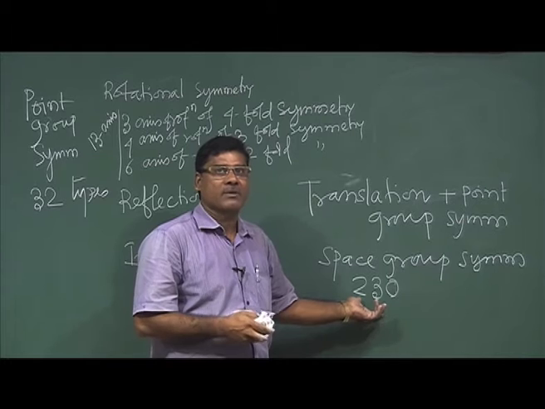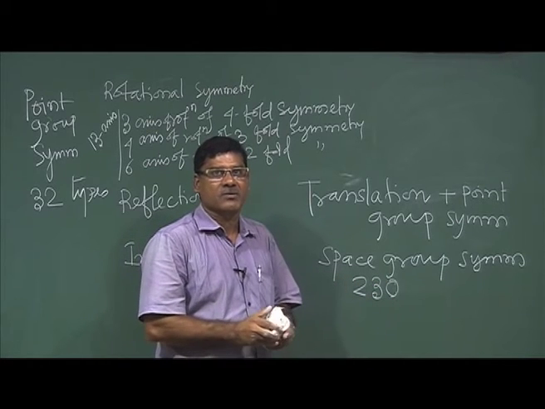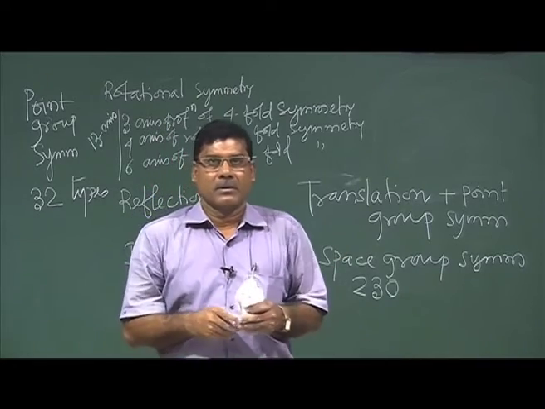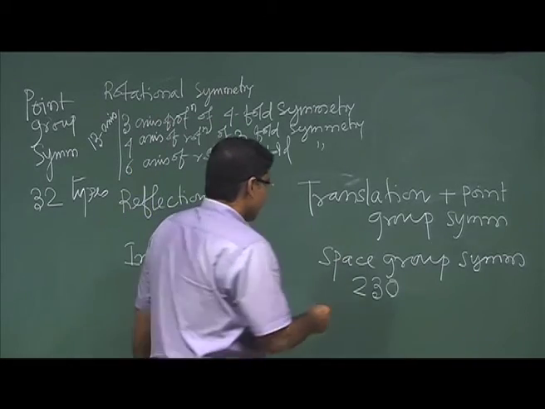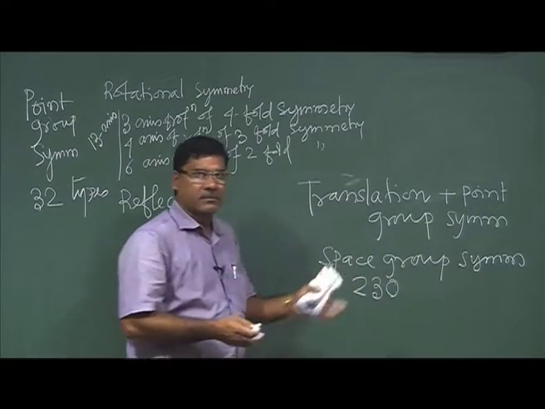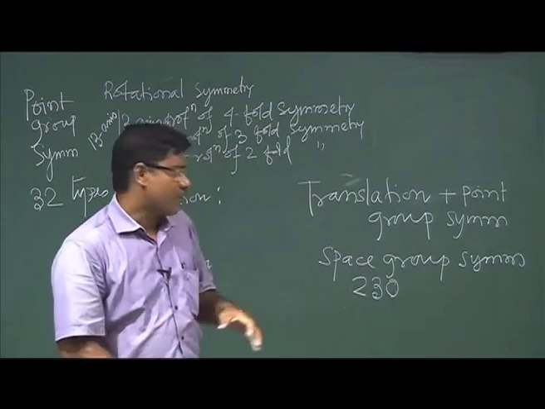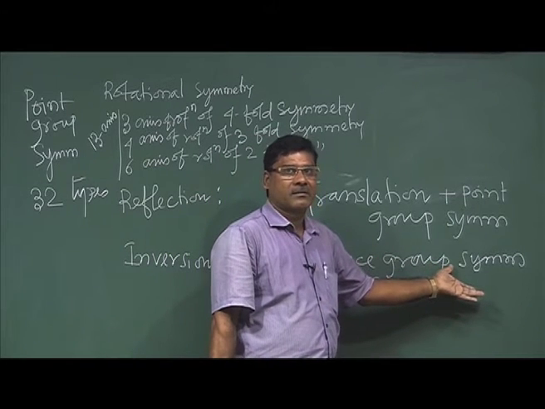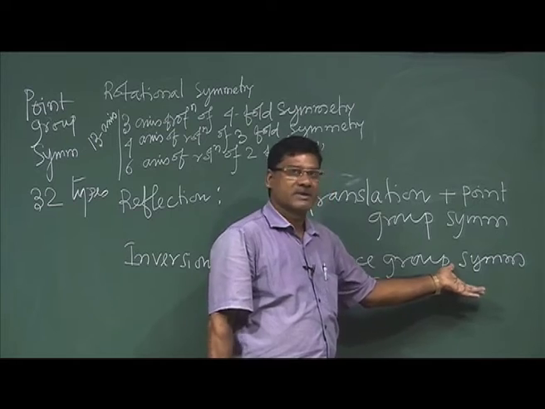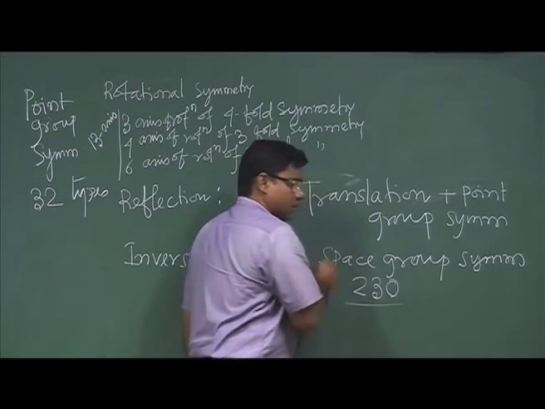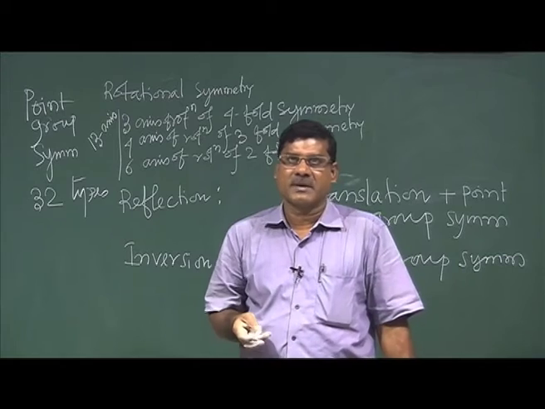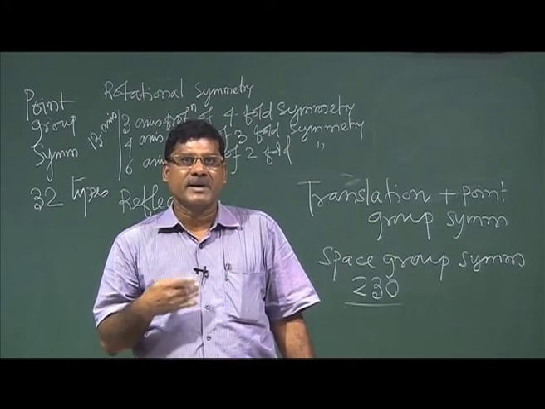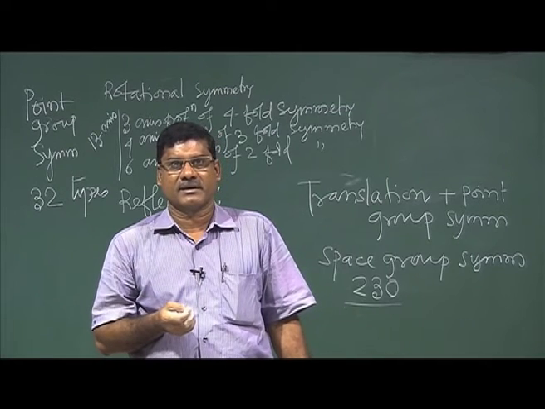We do not need more than 230 space group symmetries to find the symmetry of all crystal systems, right. And basically the Bravais lattice shows these 230 types of space group symmetry. Okay. So, this is about the symmetry of crystals.